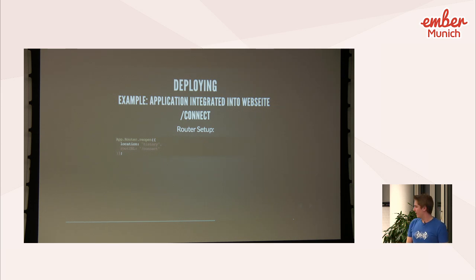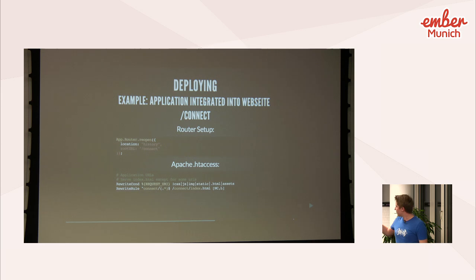And Ember.js is basically ready to route your users through the app, and everything's inside /connect. Also server side, if you're using, for example, Apache, you have to ignore all the assets. So CSS, JavaScript files should not be redirected to your index HTML, but the rest of the routes all go to the index HTML, and then you can let Ember.js figure out where the user should go and which view to display.